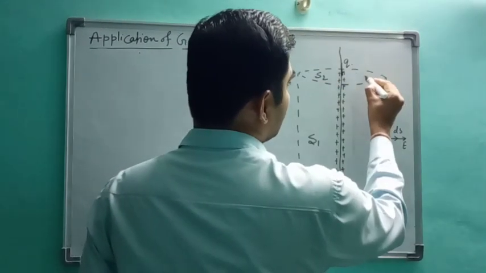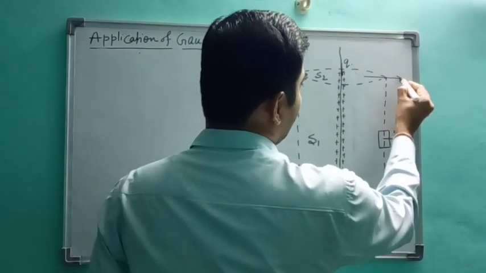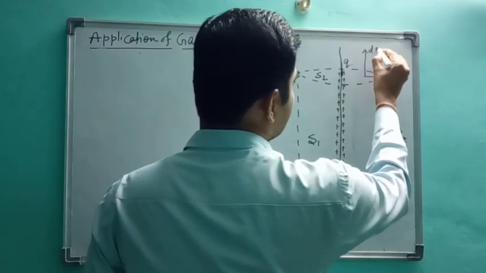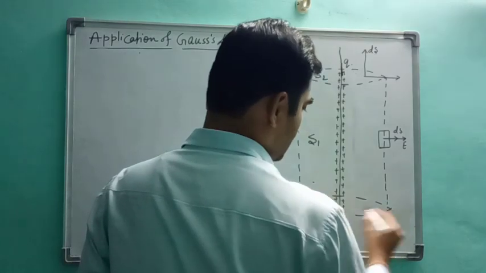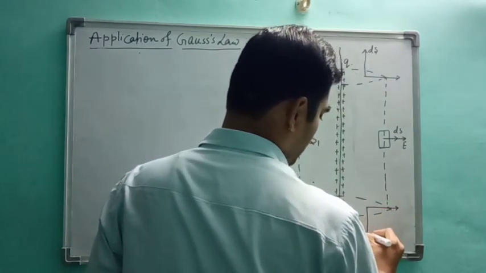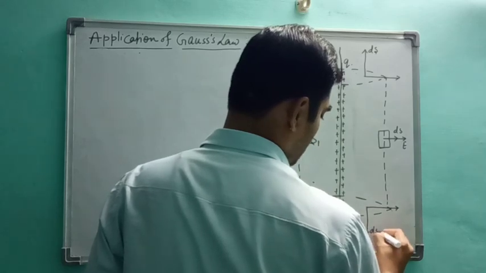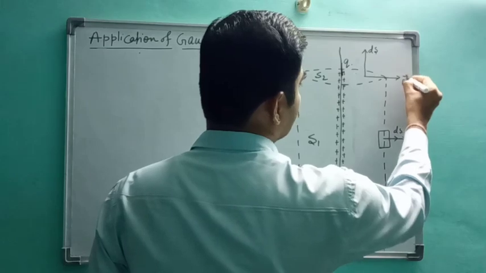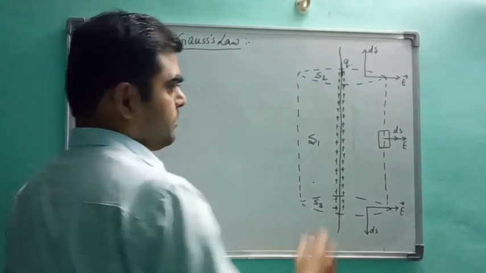For S2, the electric field and area vector are perpendicular, and S3 also has the electric field and area vector perpendicular.